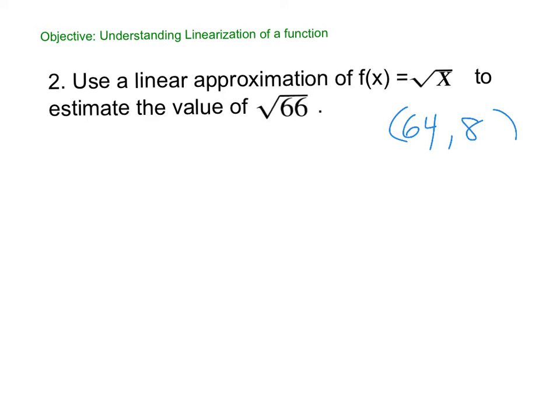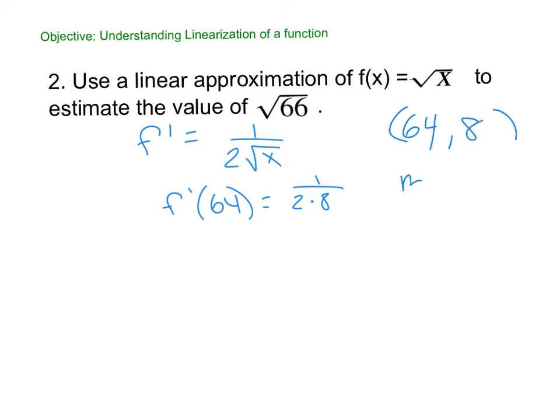So I'm going to use the square root of x at the point (64, 8) to estimate the square root of 66. So we have our point. F prime is 1 over 2 root x. F prime of 64 is 1 over 2 times 8. So my slope is 1 over 16.